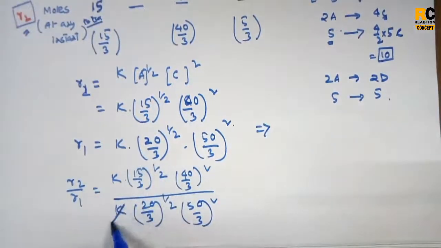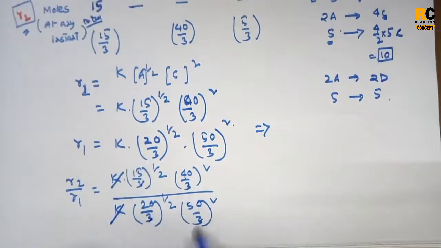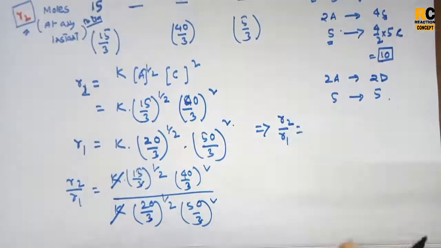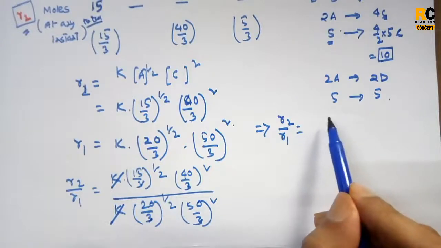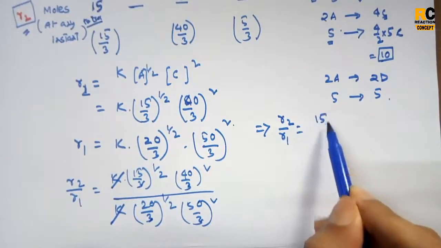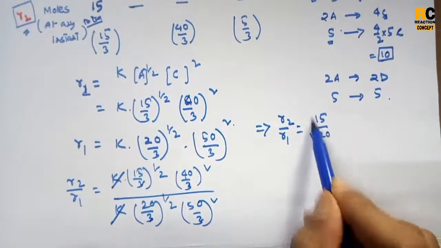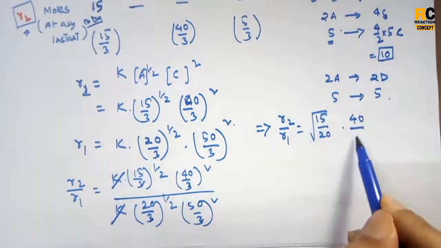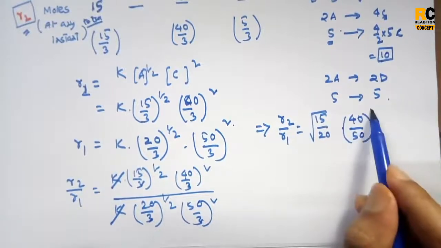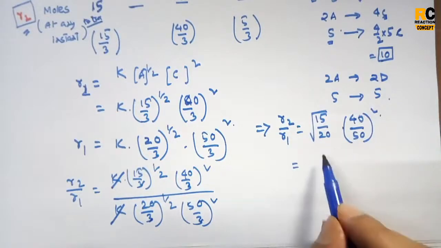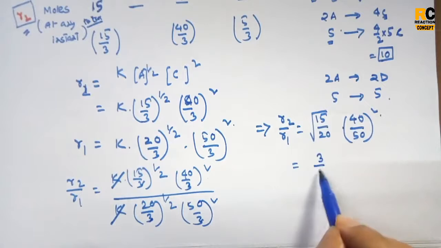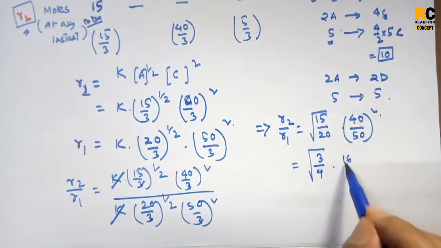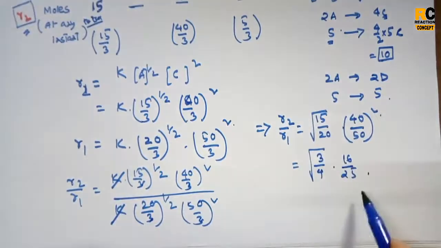If we simplify this, then this 3 will be cut out and R2 divided by R1 would remain as the square root of 15 by 20, that is 3 by 4, and 40 by 50 whole square, that is 16 divided by 25.